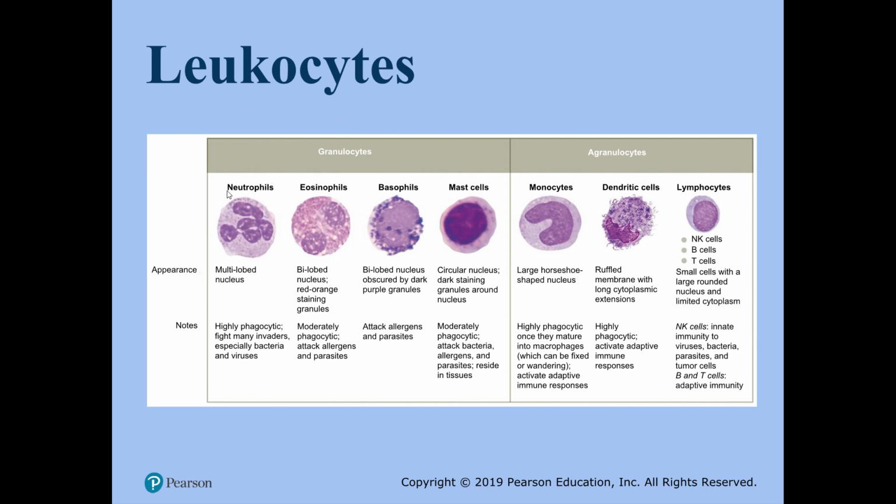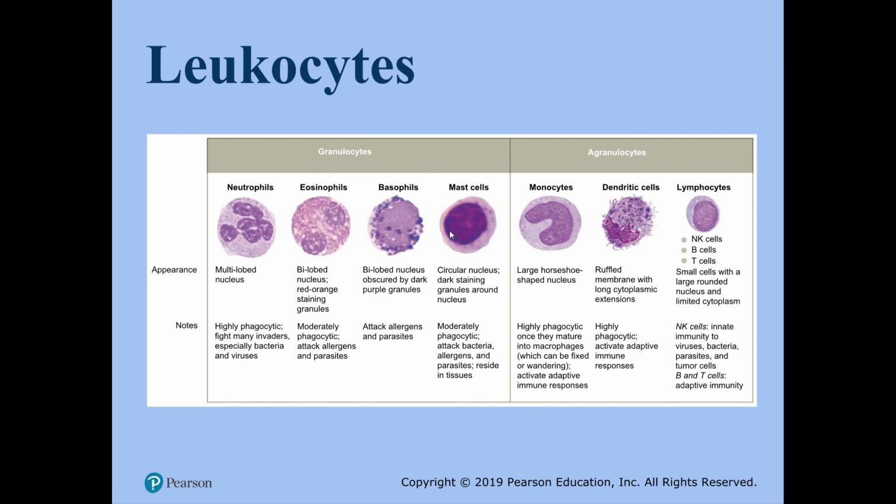Never are the neutrophils, they're the most numerous. Let, lymphocytes are the second. Monkeys, the monocytes are third. Eat, eosinophils are fourth, and bananas, basophils are the least common of the leukocytes.